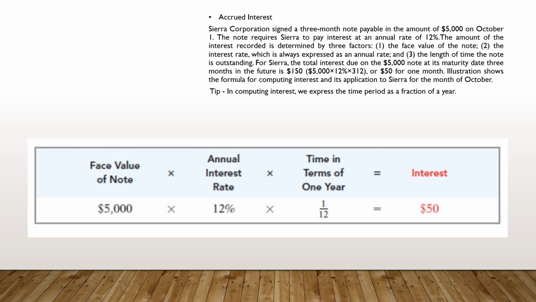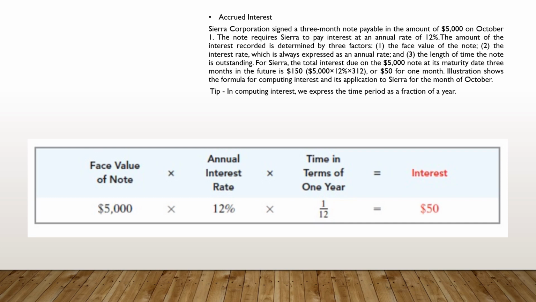Okay, so accrued interest. Sierra Corporation signs a 3-month note payable in the amount of $5,000 on October 1st. The note requires Sierra to pay interest at an annual rate of 12%. So the amount of interest recorded is determined by 3 factors. 1, the face value of the note, and 2, the interest rate, which is always expressed as an annual rate.